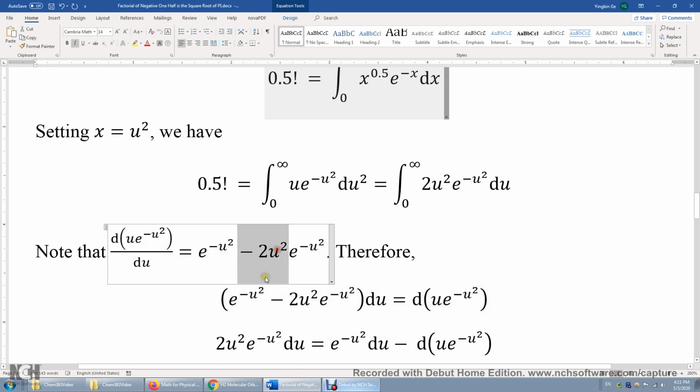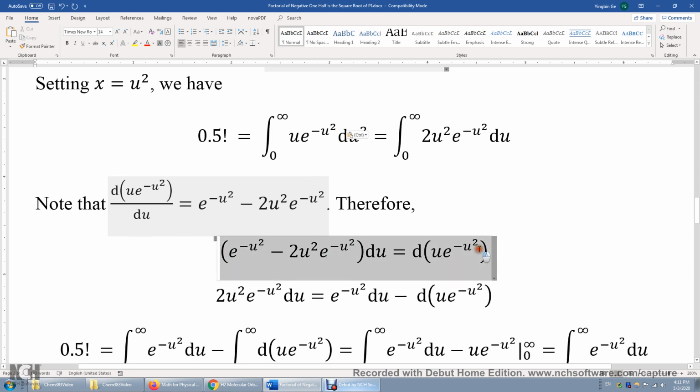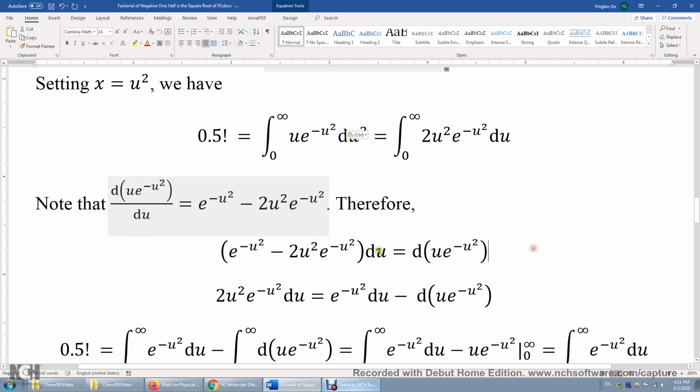So the right-hand side becomes the left-hand side. The left-hand side becomes the right-hand side. And again, both sides were multiplied by du. And by looking at this, we realize that this is 2u squared times the Gaussian function times du. So this part times du is simply e to the power of negative u squared du minus this guy.